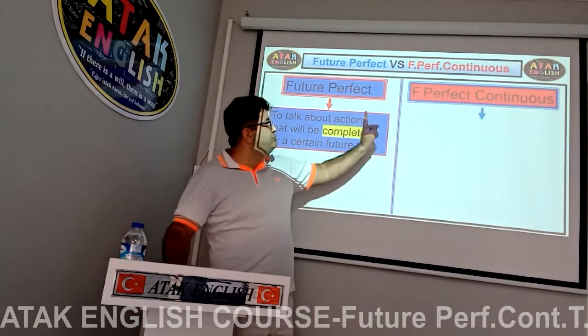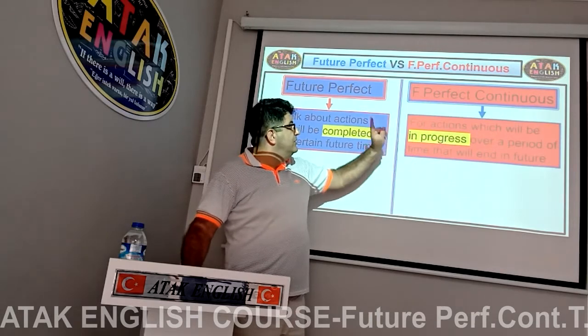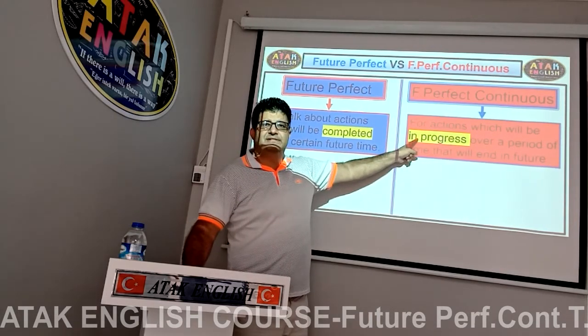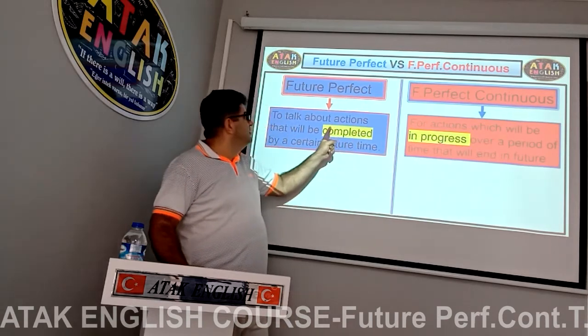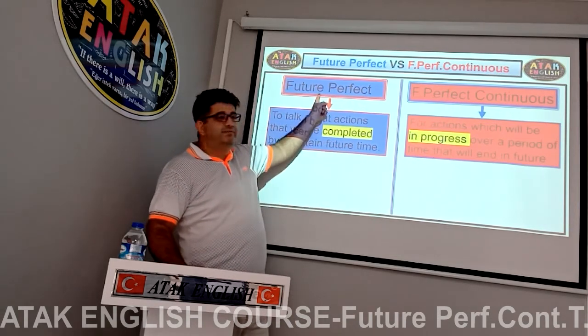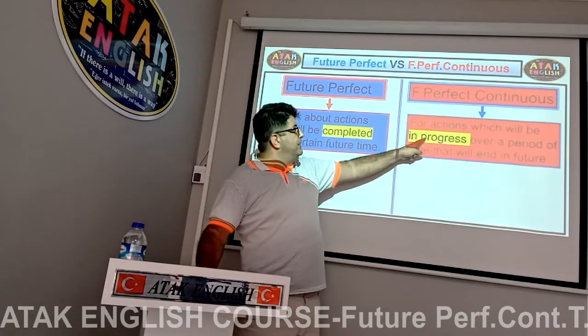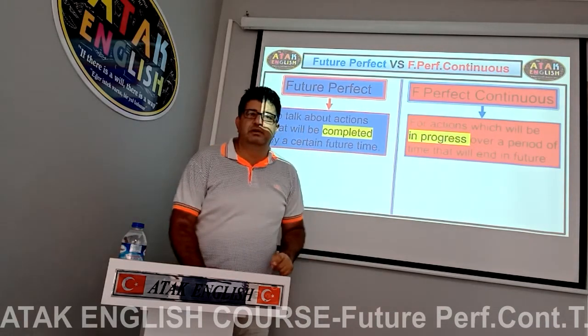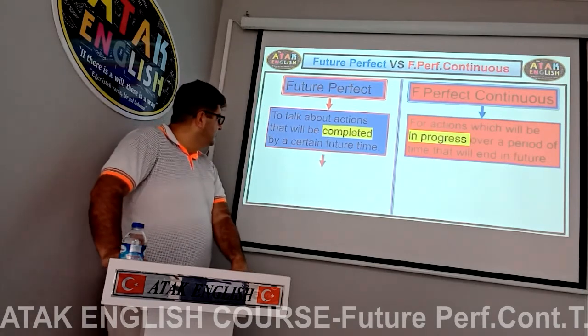On the other hand, future perfect continuous is used for actions which will be in progress. Can you see the difference? Will be completed for future perfect. Will be in progress for future perfect continuous tense.